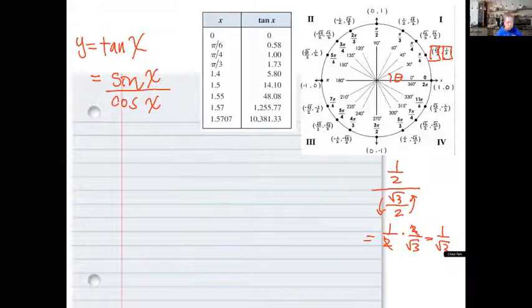Then if you want to get the approximation of it, utilize your calculator and divide 1 by radical 3, and you should be able to get this approximation. And you go through all these critical points and you will get all these approximations, right?